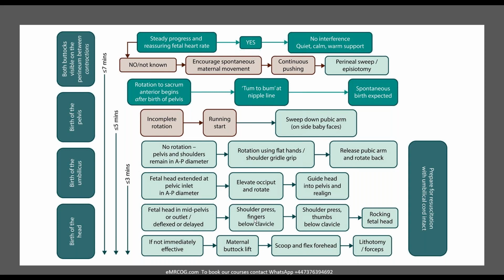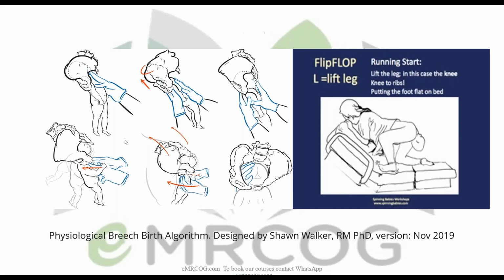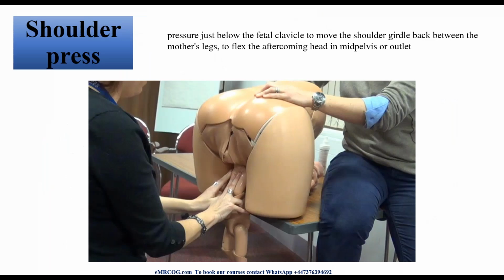However, if it's not, you can help by changing the maternal position or maternal buttock lift, if she is in the supine position. Can you see here, the woman in the upright position in this delivery, and this is the shoulder press, and here is a rocking movement in this picture by Schorn Walker. So this is a rocking movement and you're trying with the shoulder press to deliver.